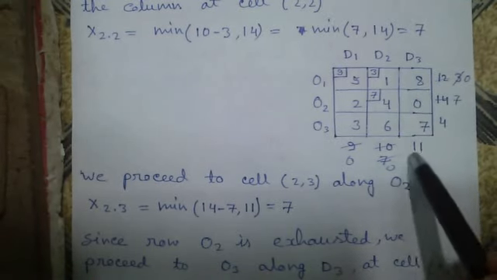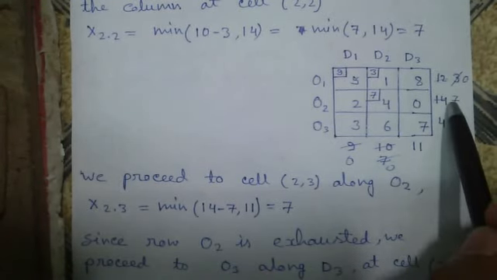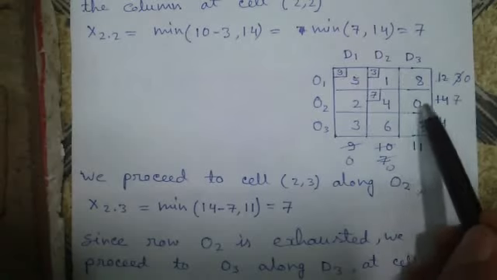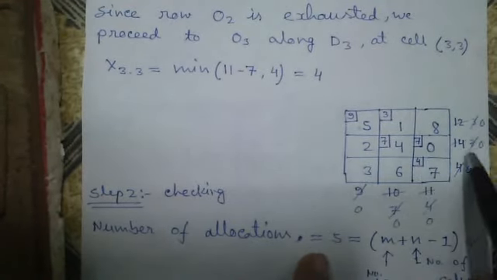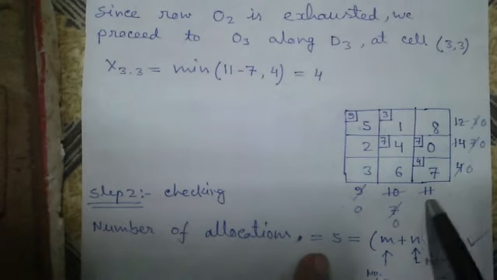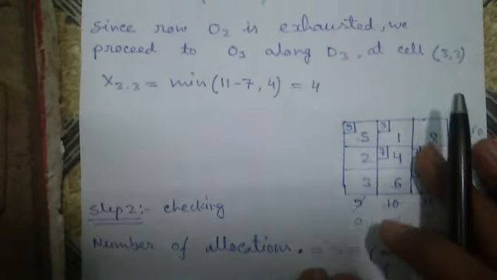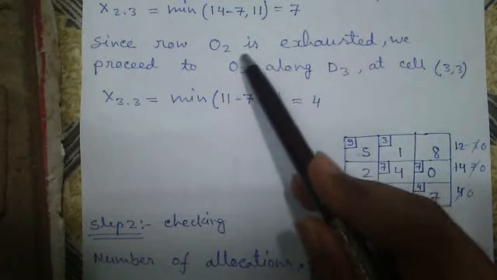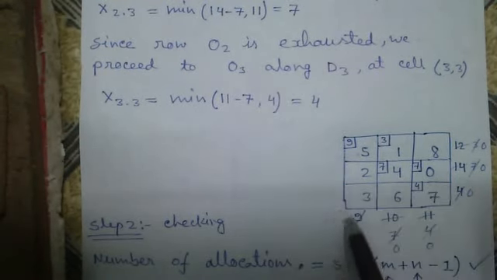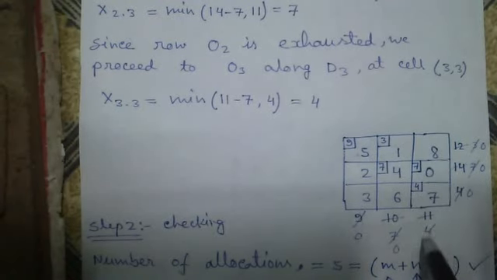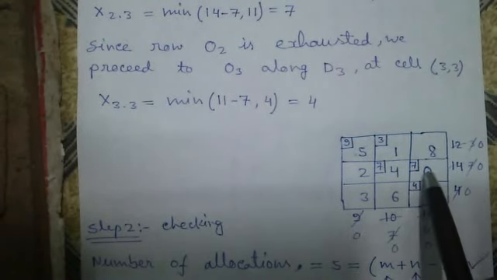At this cell the demand is 11 and the supply is 7. So we allocate the minimum of 14 minus 7, that is 7, comma 11, which is 7. So 7 is allocated at this position. So the supply becomes 0 and the demand is still 4. Since row O2 is exhausted, we will proceed to row O3 along the D3 column, at cell 3, 3.